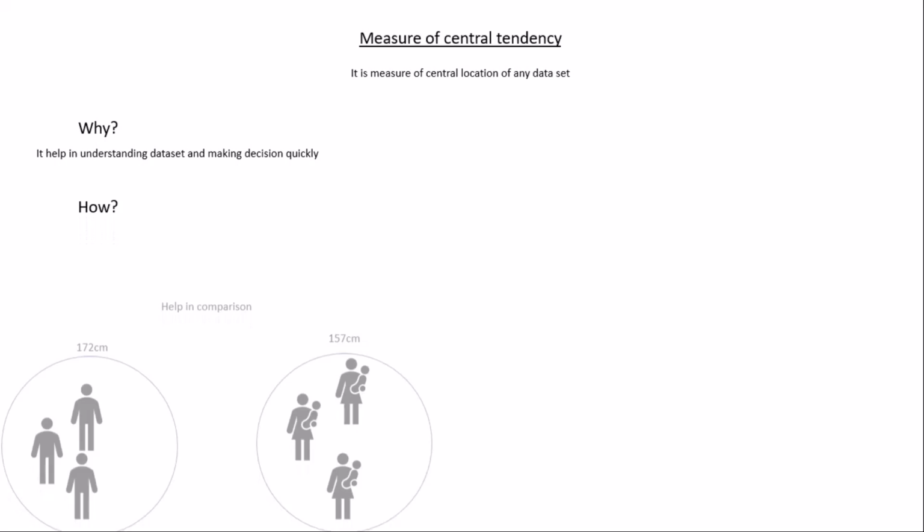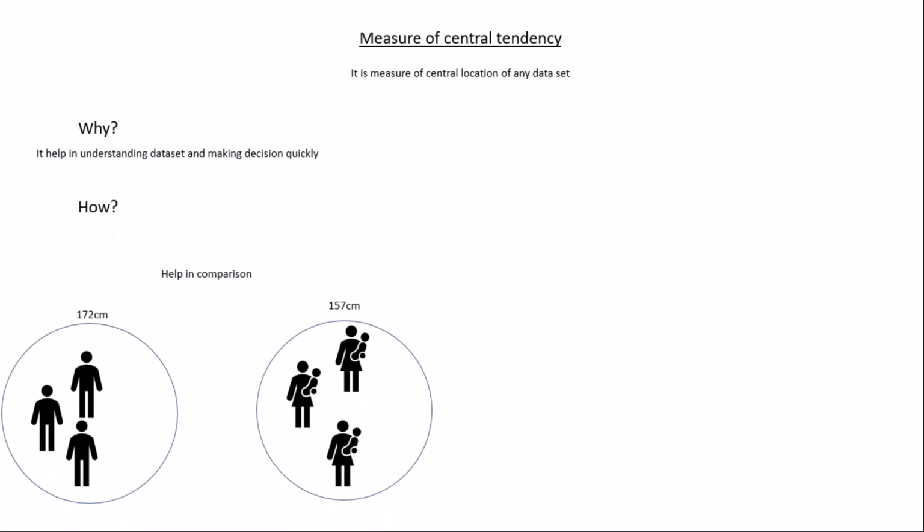So now let's see why you should use the measure of central tendency: mean, median, mode. Because it helps you in understanding the data and making decisions very quickly. So the question arises how. Suppose this is the example I show you.